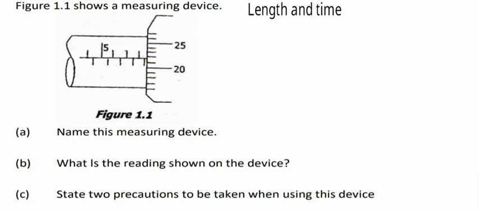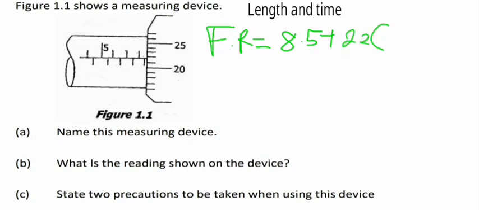So we are finding the final reading. Final reading is equal to the main scale reading, which is 8.5, plus the rotating scale, which is 22, multiplied by the accuracy. I was saying, always when you haven't been given the units to use on the device, you need to use the accuracy in millimeters.